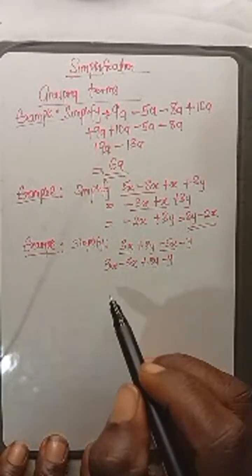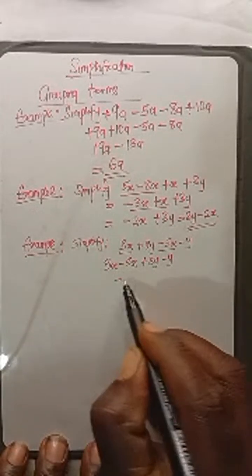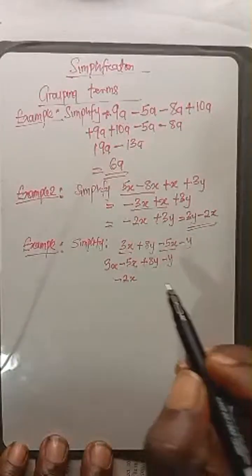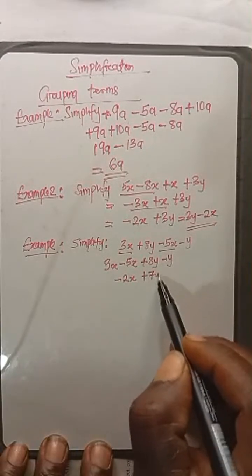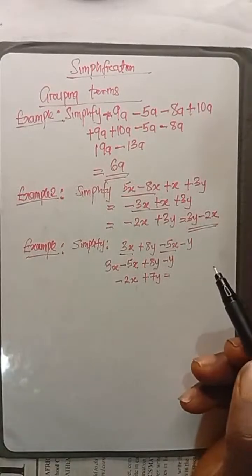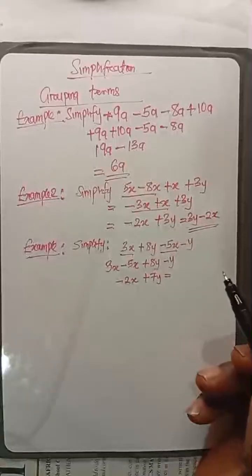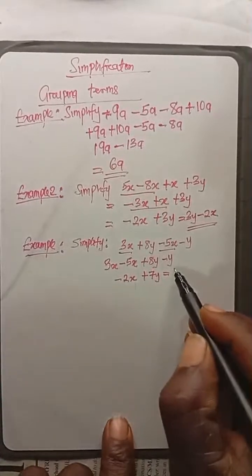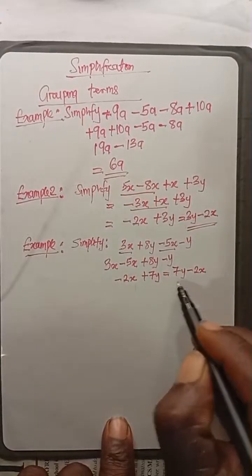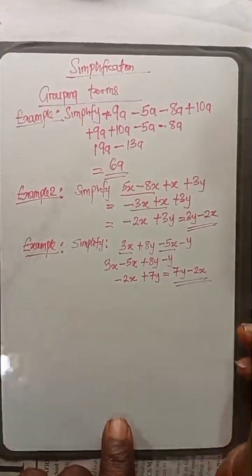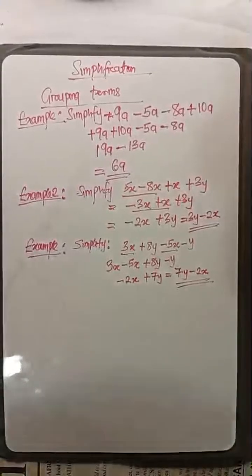When you group it together, 3x minus 5x will give us minus 2x. Now this is plus 7y. That is under grouping. So you can now write it as 7y minus 2x.